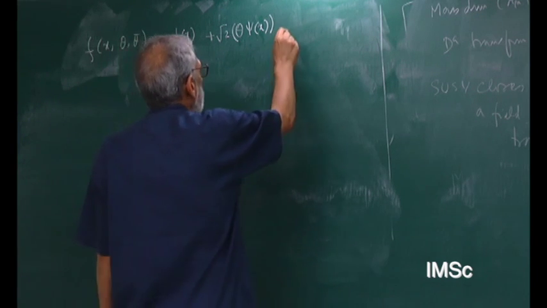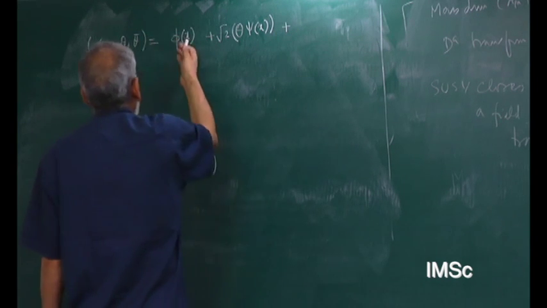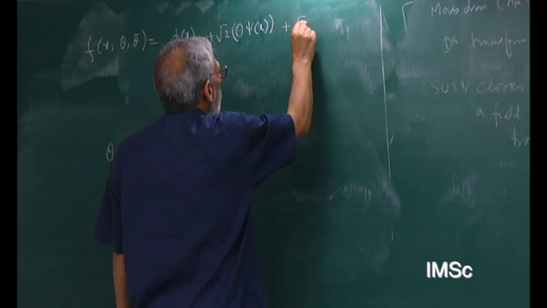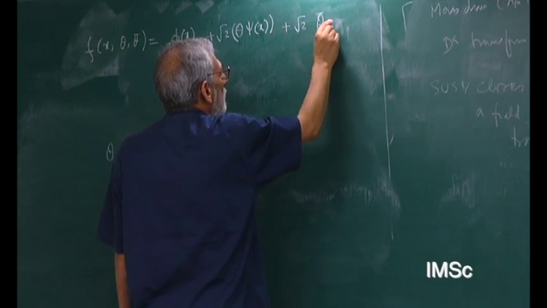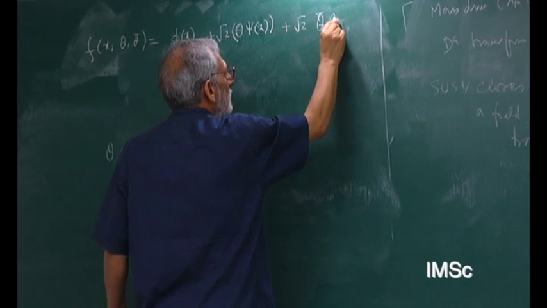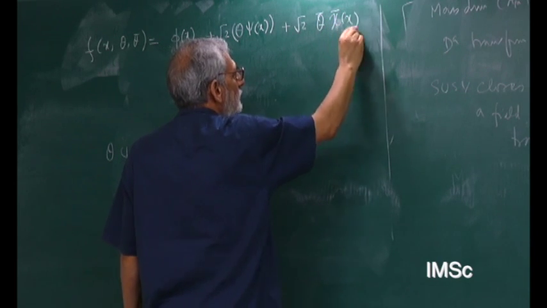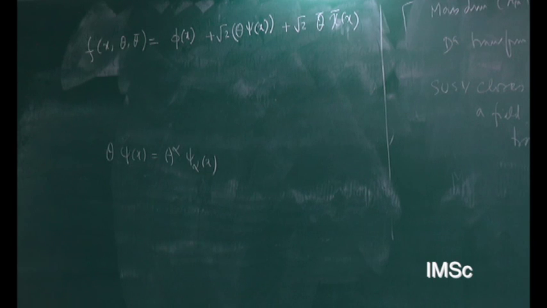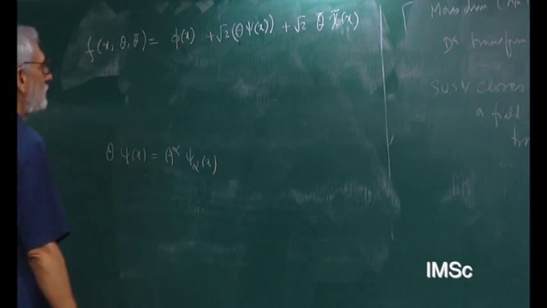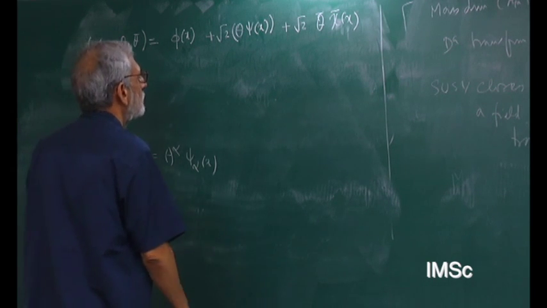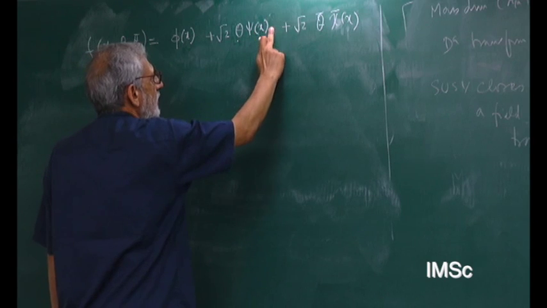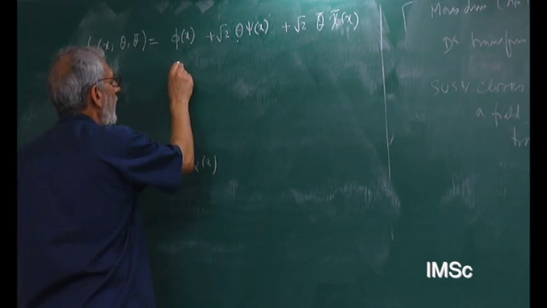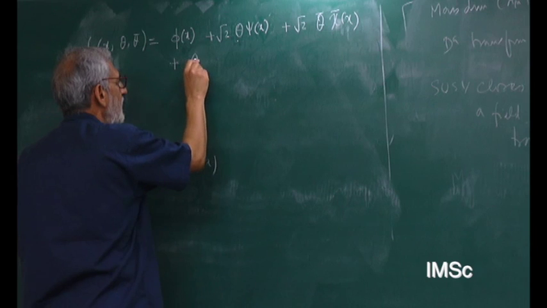To this, I could also add a theta bar and call that chi bar x. That's also a Lorentz invariant object, so I don't need these brackets now. Then I could add two thetas.